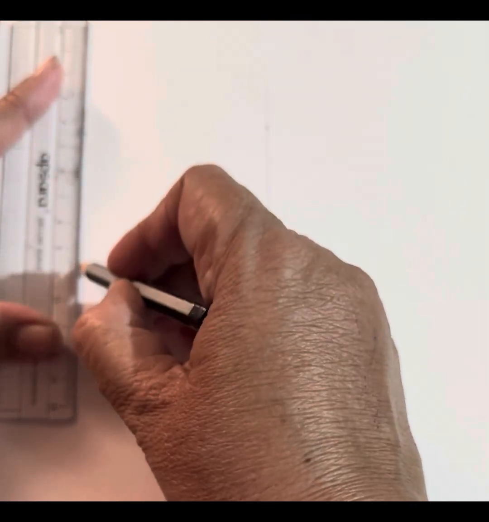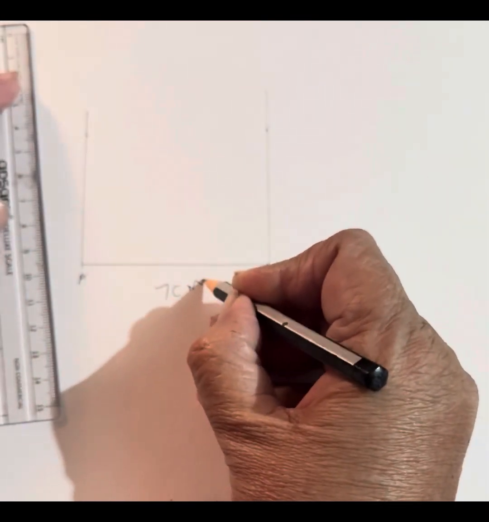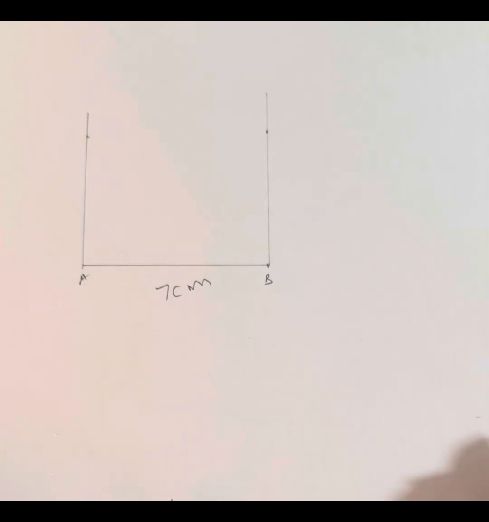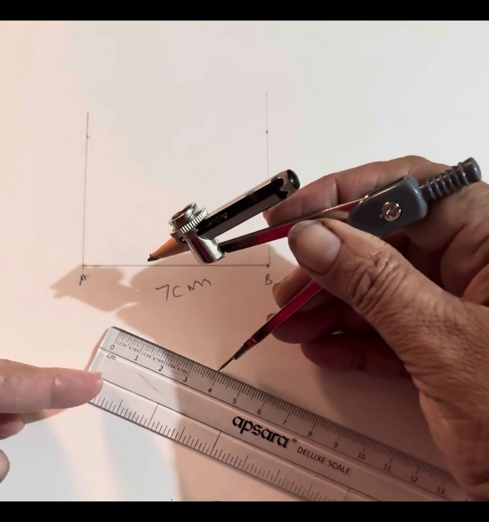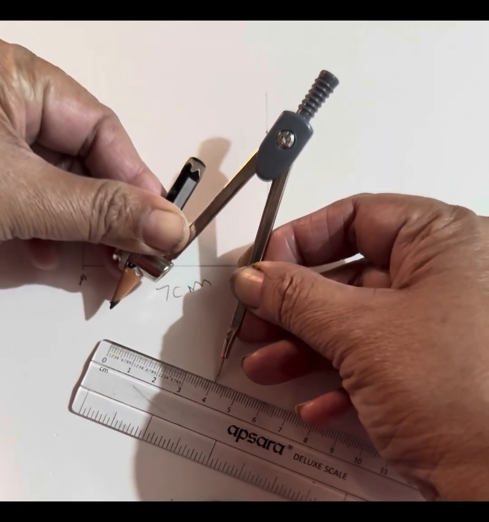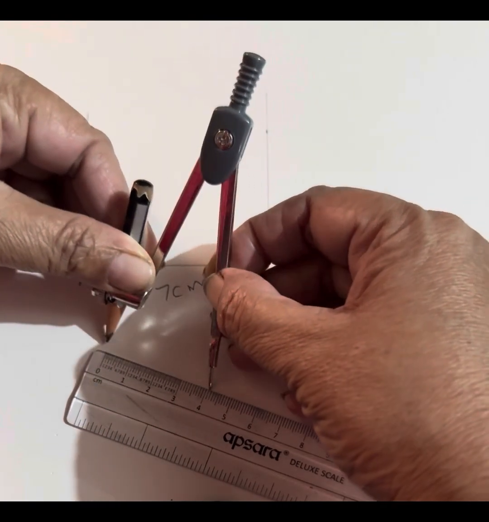Now AB is given as 7 centimeter and BC is given as 4 centimeter, right? So we take our compass and with the help of a scale, first we check 4 centimeter. We open the compass for 4 centimeter radius.